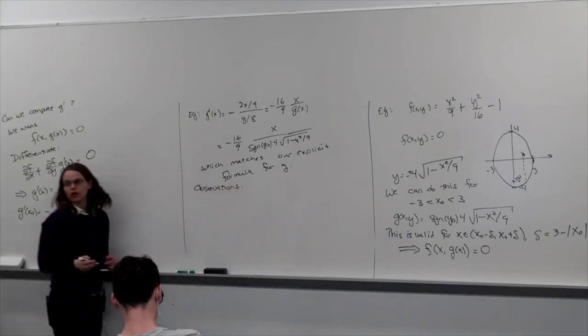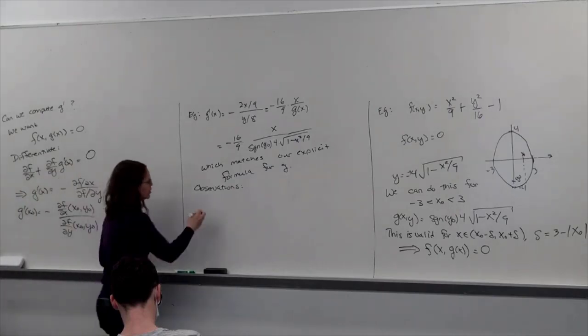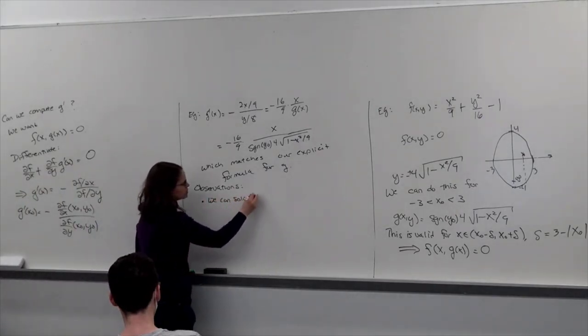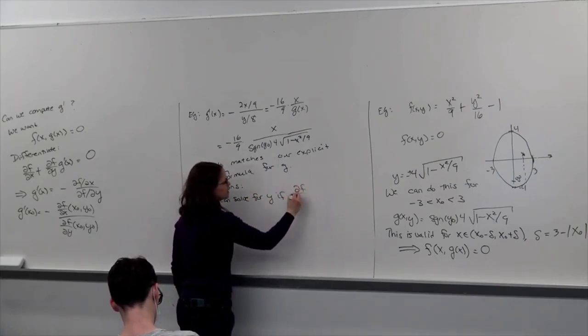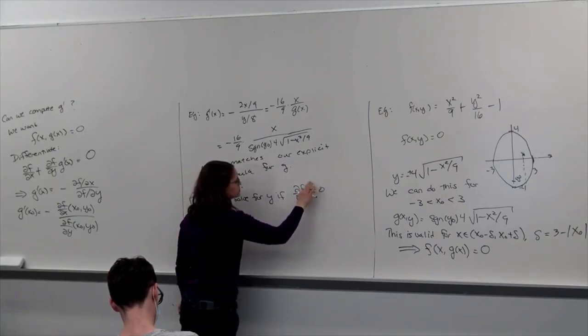Okay, and which we'll hopefully be able to bring up to higher dimensions. Okay, so we can solve for y if df by dy is non-zero.